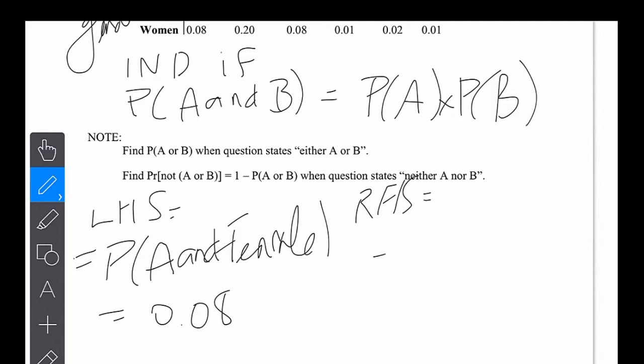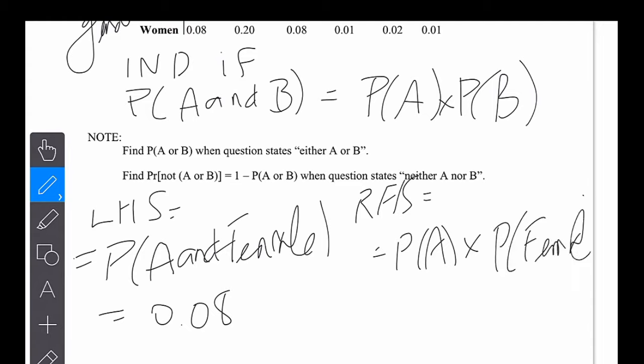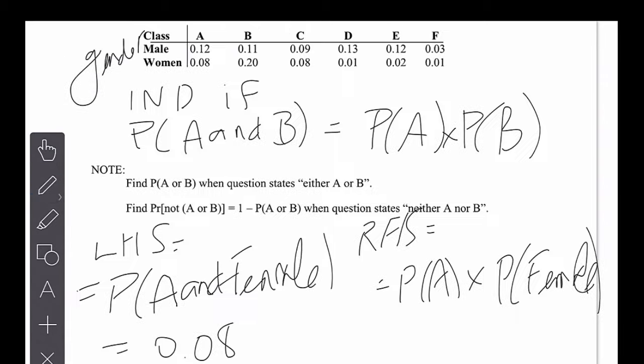So this is going to be calculated as probability A times probability female. I should probably just write F. So then that's going to be A's probability is, let's move this down again.